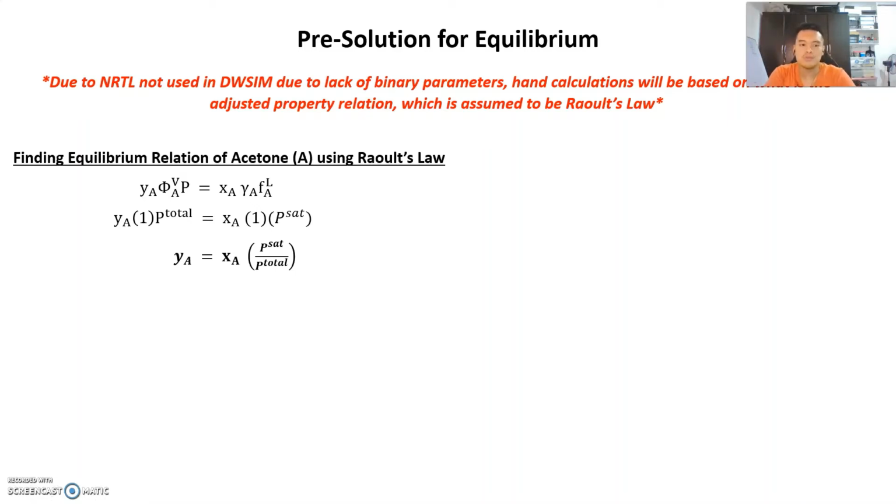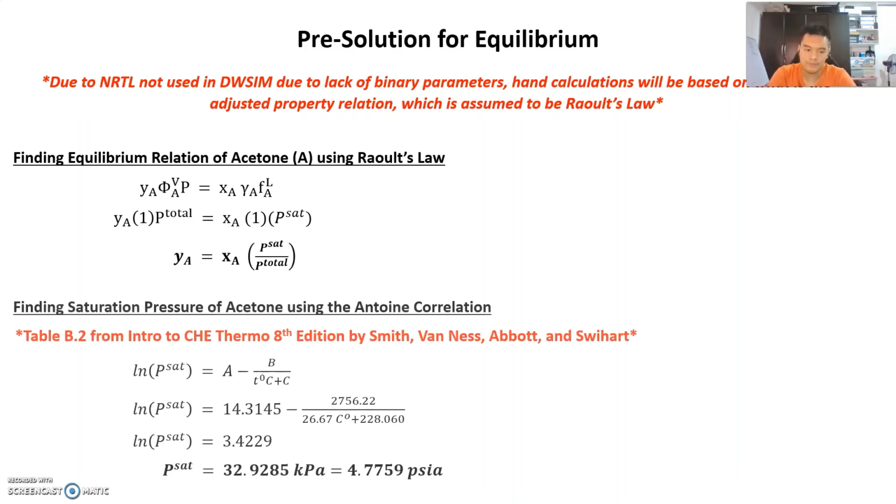So this is the equilibrium relation of acetone A using Raoult's law, noting that the fugacity coefficient is actually 1 for the gas phase, and for pressure, it's at total pressure, while for the liquid phase, the fugacity coefficient is also 1. However, its saturation pressure is used in the F variable. Then equating both together to find the relationship of y and x, we found out that this is the equation of acetone equilibrium relation using Raoult's law.